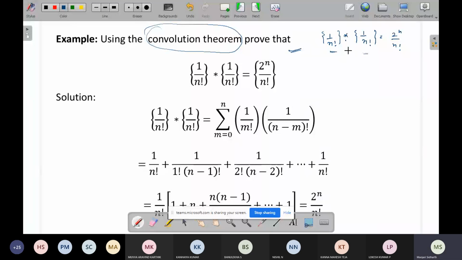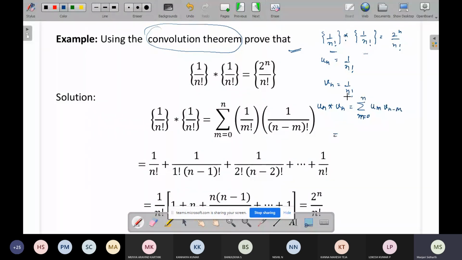Okay, so now this is un, right? So un is 1 by n factorial and vn is 1 by n factorial. Both are the same. You know that the convolution un star vn is equal to the summation of um and v n minus m, for m from 0 to n.